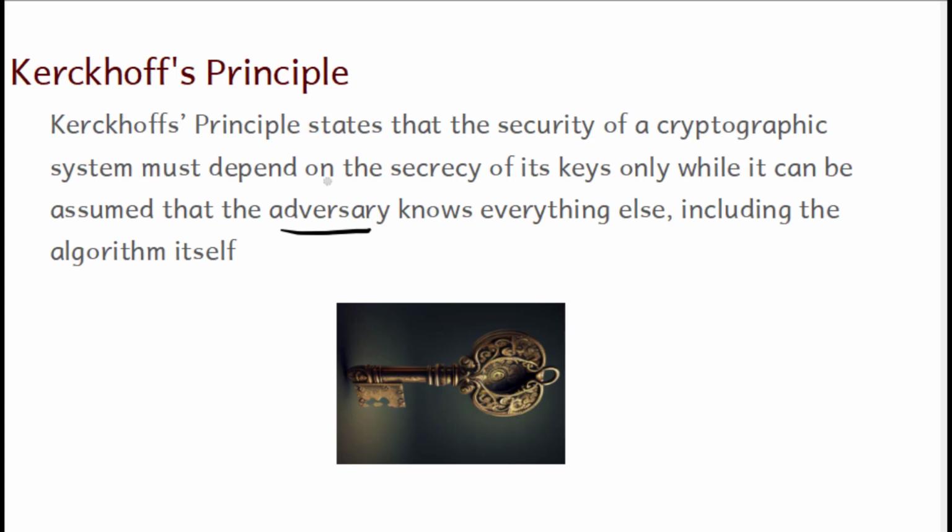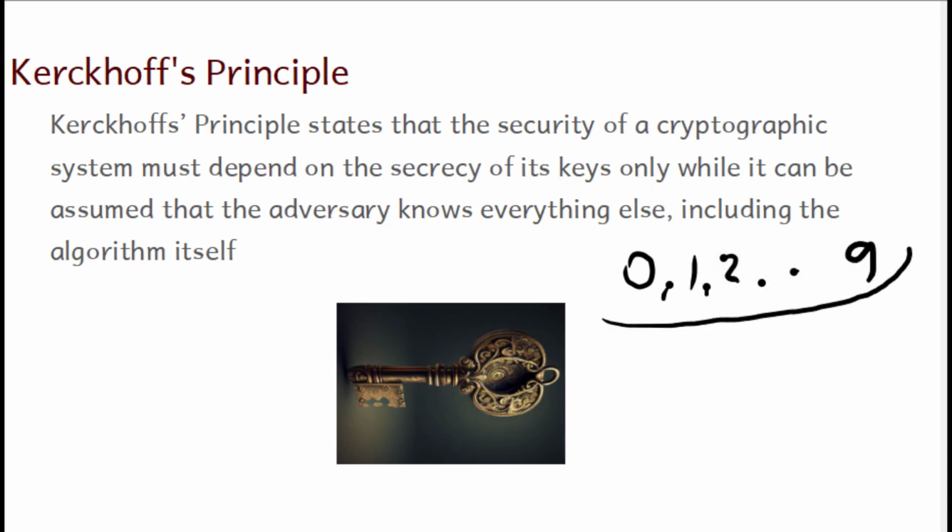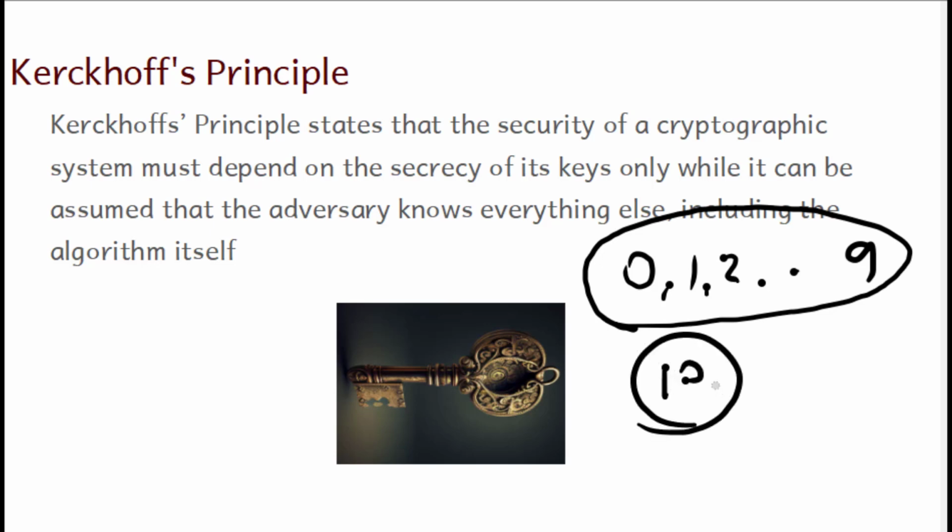As I told, this key can be a number. Now if the number is a one digit number, it can be 0, 1, 2, up to 9. So there are 10 numbers in this case, and Eve will require just 10 attempts to crack the key. Now suppose Alice and Bob decide that number 1 is the key.